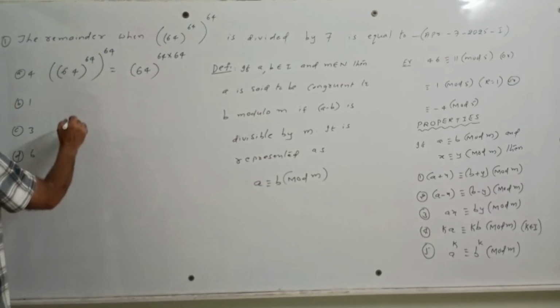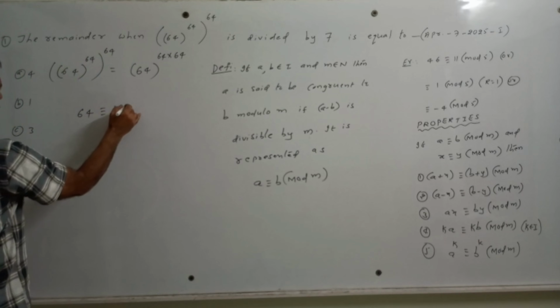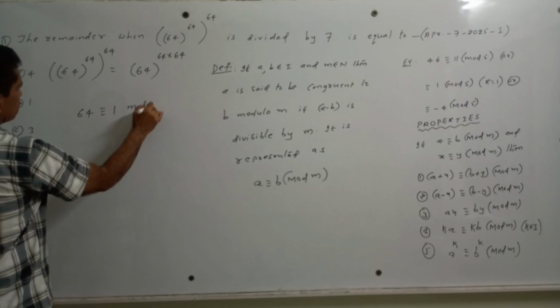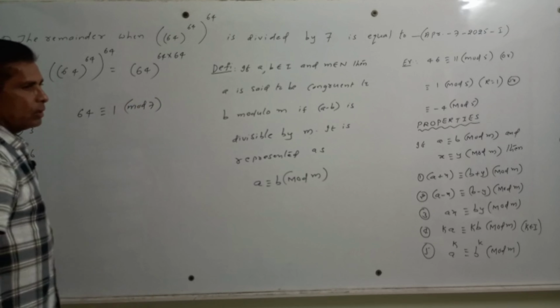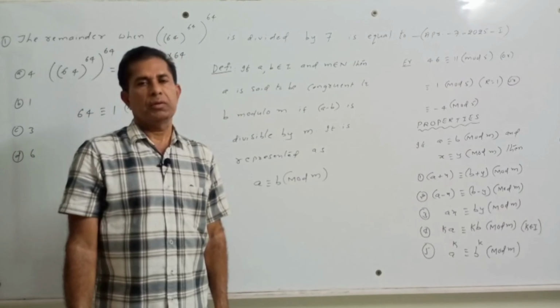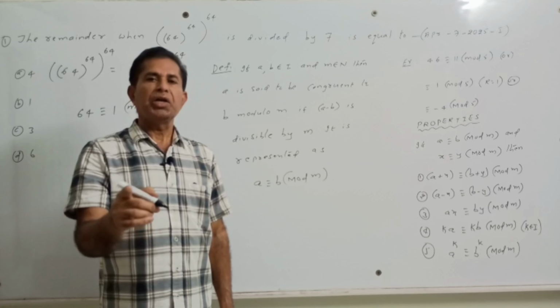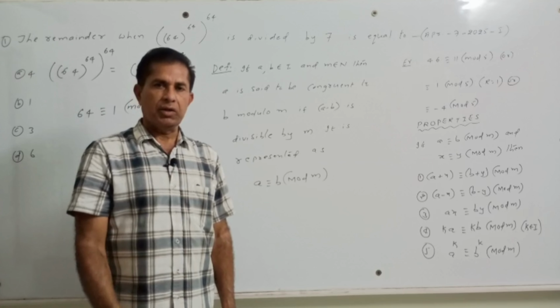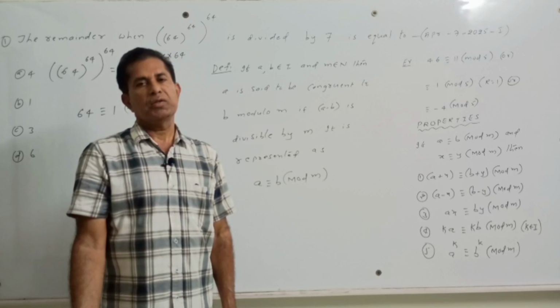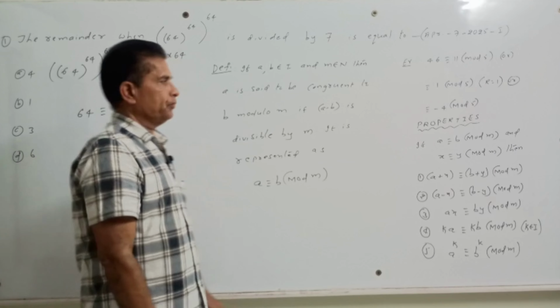See, I can write 64 is congruent to 1 modulo 7. Why is 64 congruent to 1 modulo 7? 64 divided by 7, 7 nines are 63, remainder is 1. Therefore, I can say 64 is congruent to 1 modulo 7.